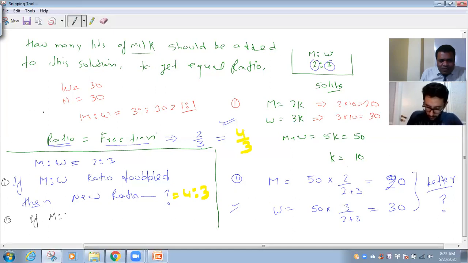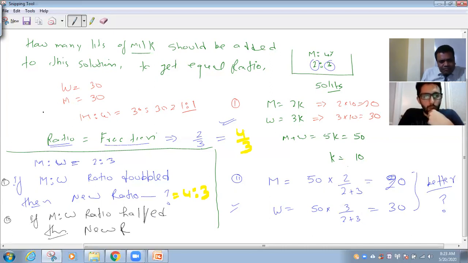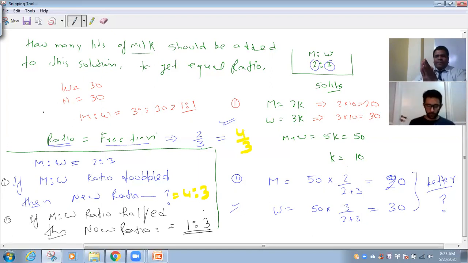If the milk to water ratio is halved, then what is the new ratio? It is 2:6. It is 1:3. Yes. Congratulations, it's correct. I hope this is clear.